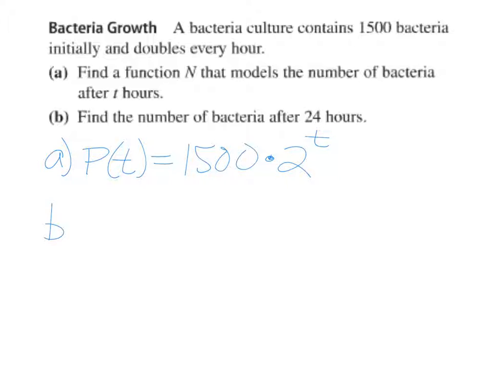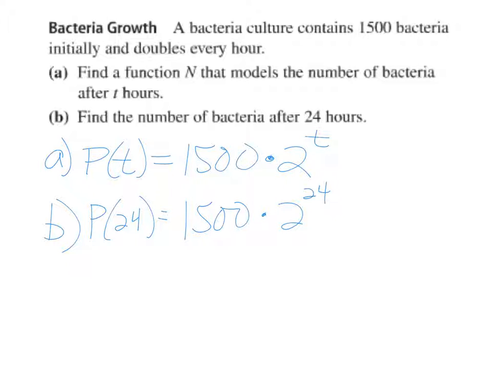Part B, find the number of bacteria after 24 hours. So now we have a number to put in for t. So the population after 24 hours is 1,500 times 2 to the power of 24. I want to caution you about remembering the order of operations. You would not do 1,500 times 2 and then take that value to the 24th power.